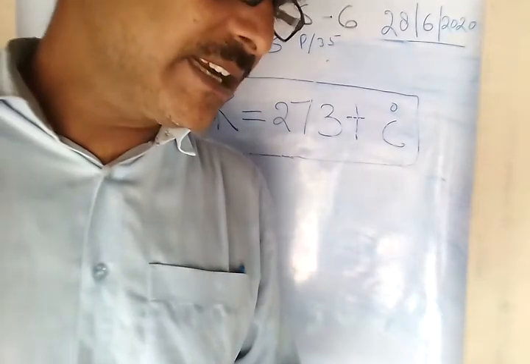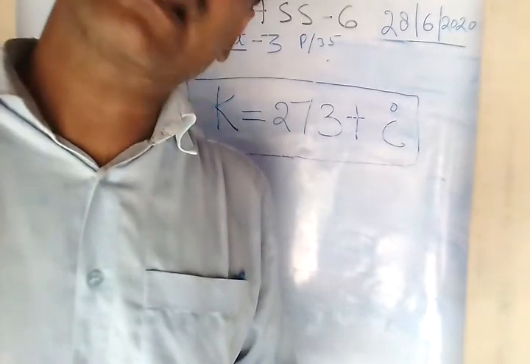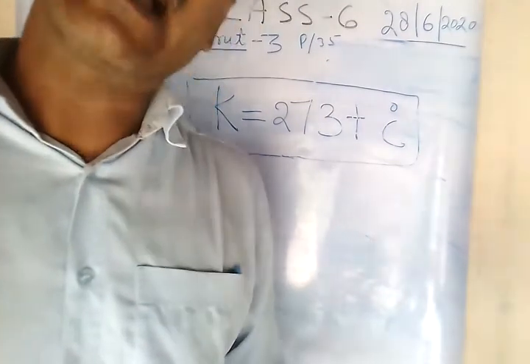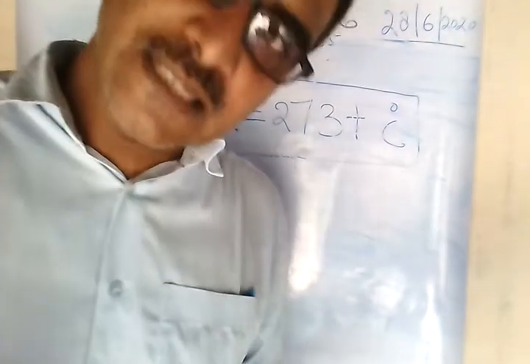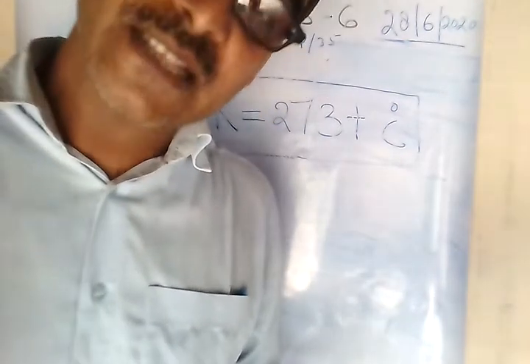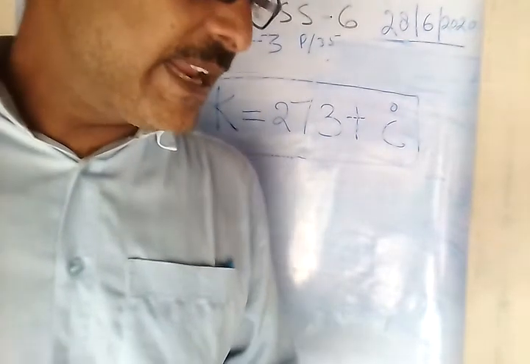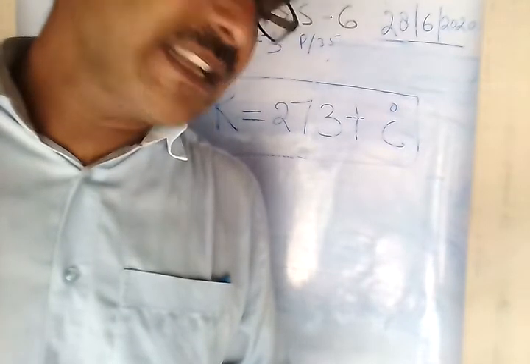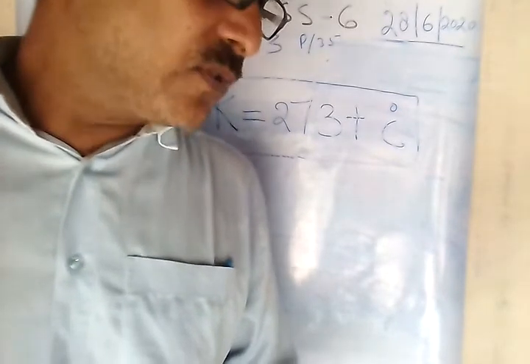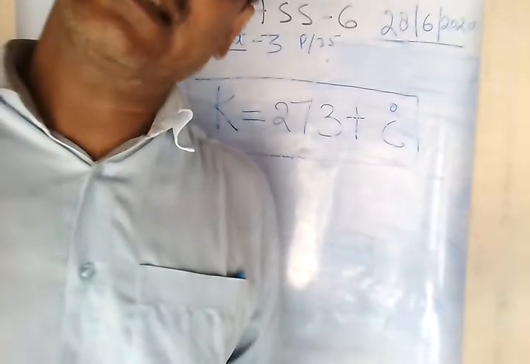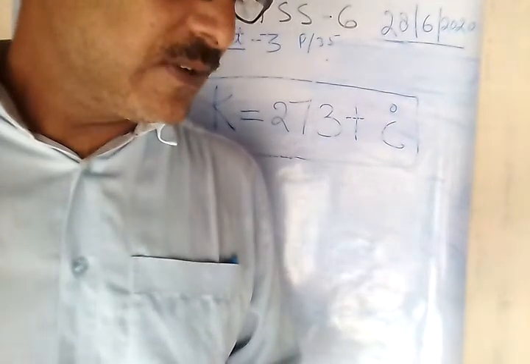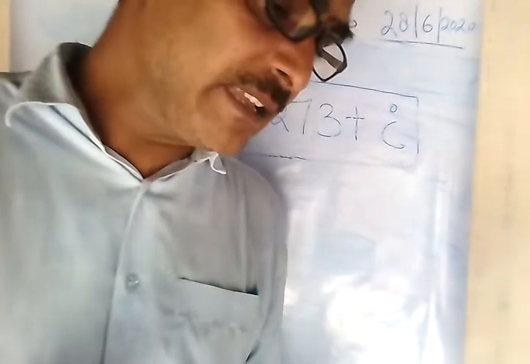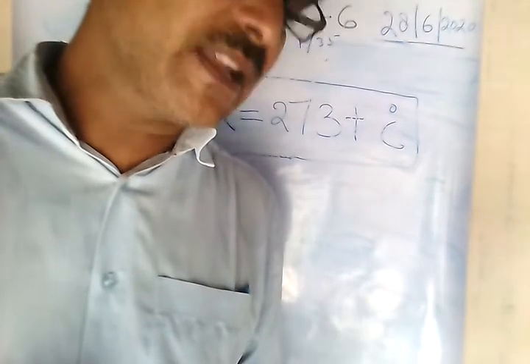And 100 centigrade corresponds to the boiling temperature of pure water, and it's called the upper standard point. In the Kelvin scale, 0 centigrade corresponds to 273 Kelvin and 100 centigrade corresponds to 373 Kelvin. Okay? And we can see it in figure 2.21.